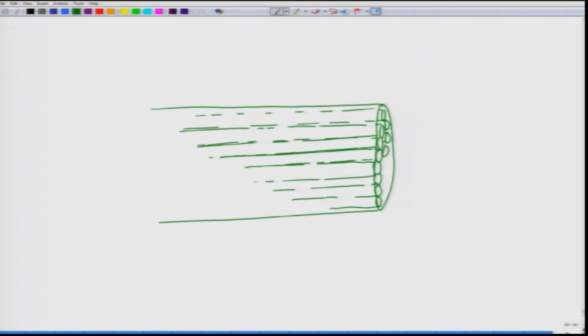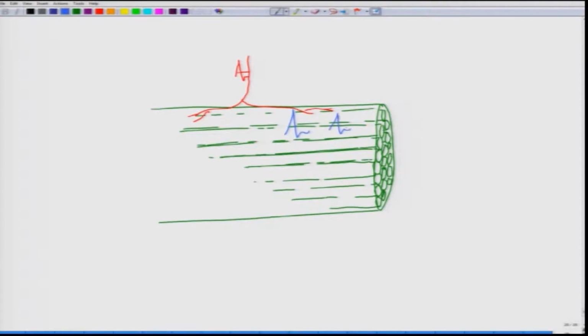Your synapses are happening at the upper surfaces. So, synapses are happening here, with electrical signals coming like this, and an electrical signal generated by this muscle.